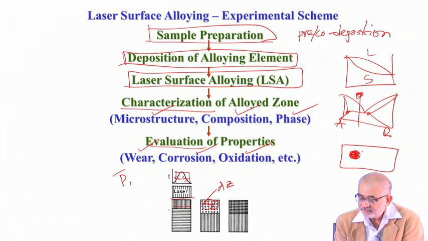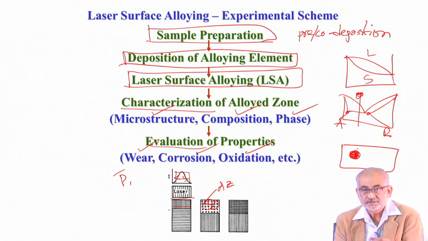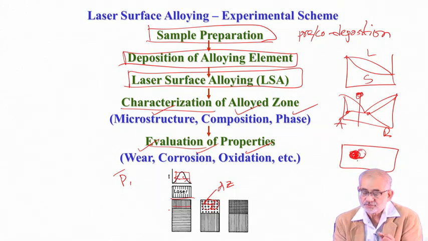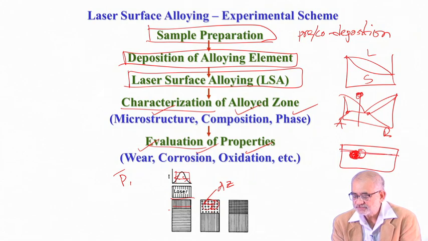Subsequently, when we move the beam away, if it's a pulse irradiation process, then we make sure that the next spot has a 20% overlap. Otherwise, if we are using continuous wave irradiation, this is how the beam is going to move over the surface.